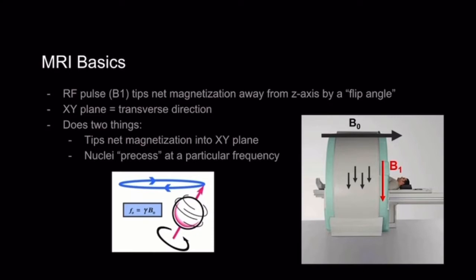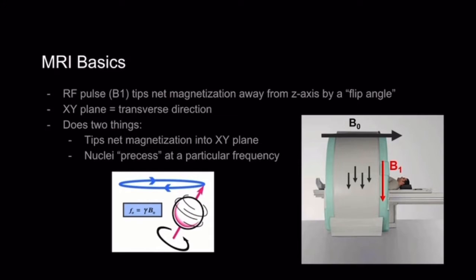Another important point to realize is that we generally detect MRI signal in the XY plane with a coil, essentially a coil of wires. We know from basic physics that if we put any coil of wires in a varying magnetic field, this is going to create a measurable current in the coil.